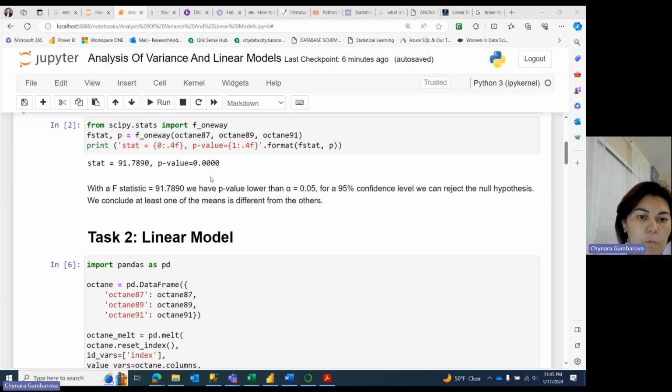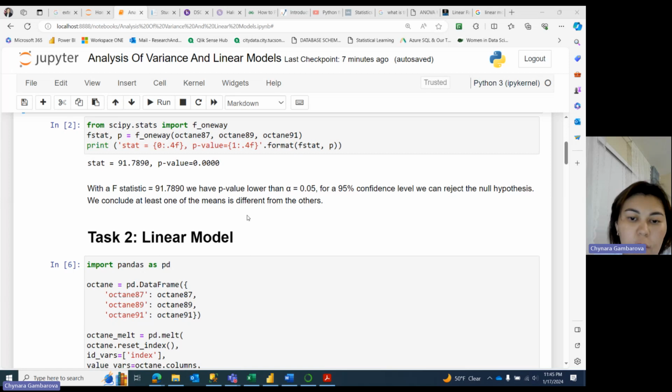With the significance level of 0.05, our p-value is way lower than that, and then we can reject the null hypothesis, and we can assume that one of the means is different. But how different? Again, the same question, is it significantly different?